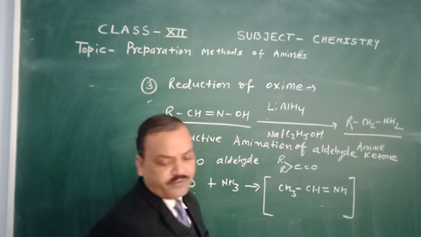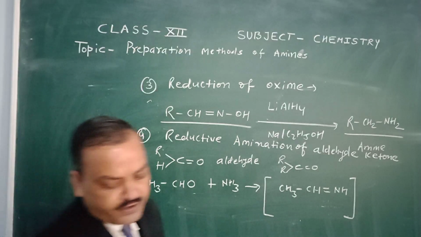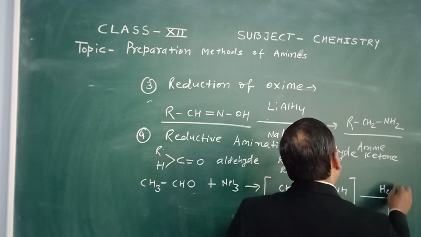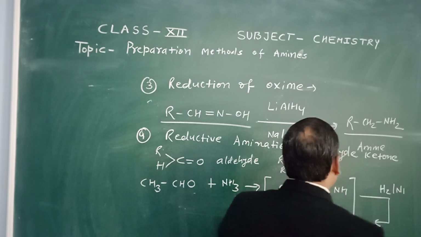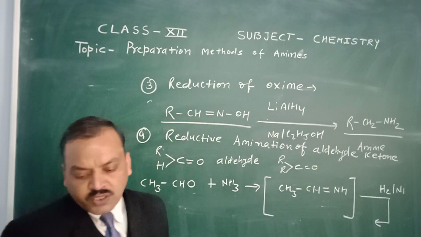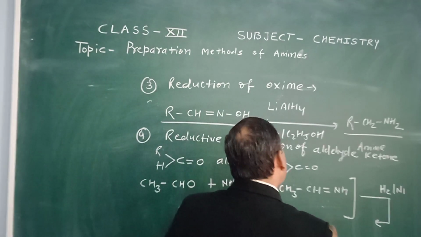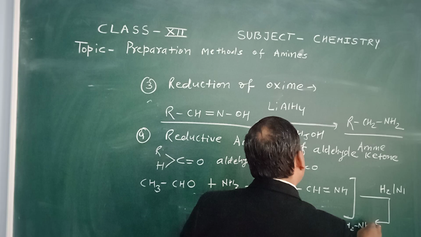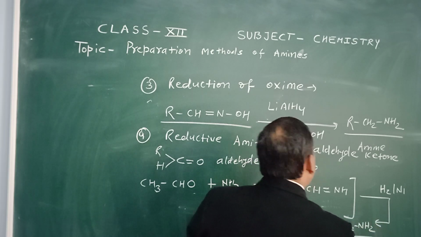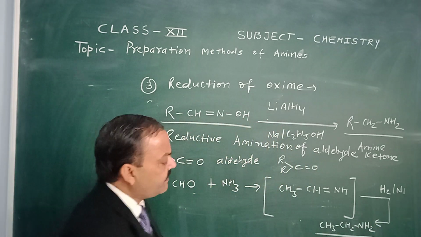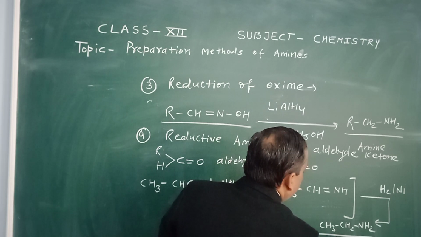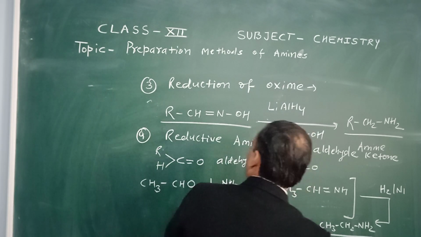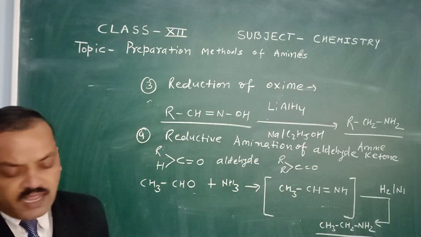Then, when we reduce this with H2 and Ni, we get the amine with two carbon atoms, CH3CH2NH2. Ethylamine is formed in this condition when we use the aldehyde.